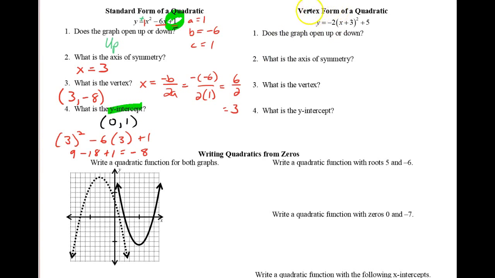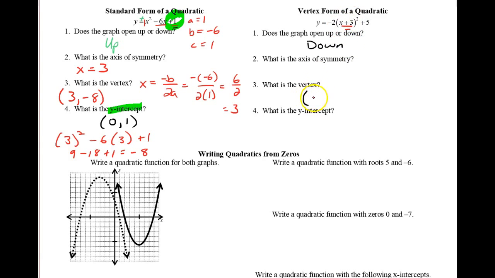Alright, now we have it in vertex form. This is a negative, so that means our graph is going down. Again, I'm going to go to the vertex. Since this is in vertex form, x is the opposite. Here, we get the x coordinate.